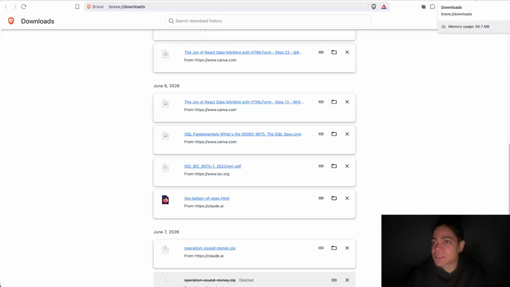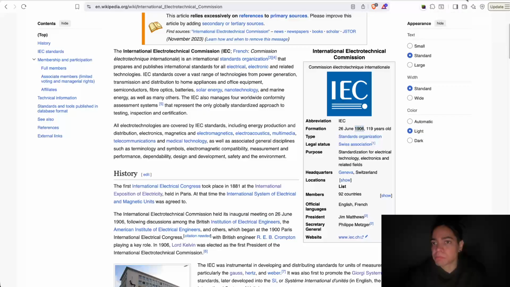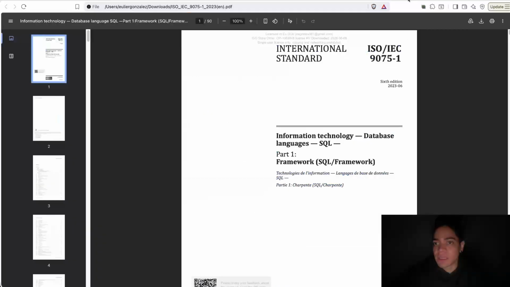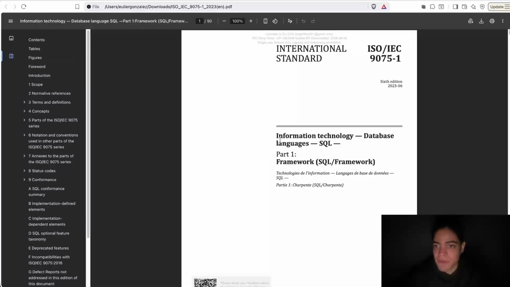And speaking of standards, particularly SQL, the ISO/IEC 9075-1. This is the 6th edition, 2023. So this is in the preface, under the foreword, like this.